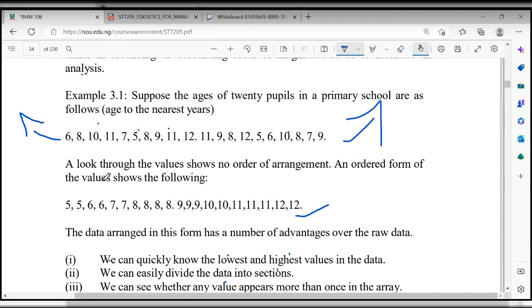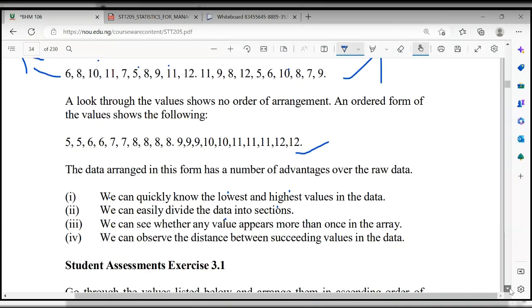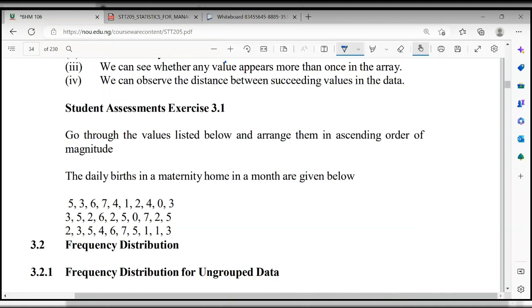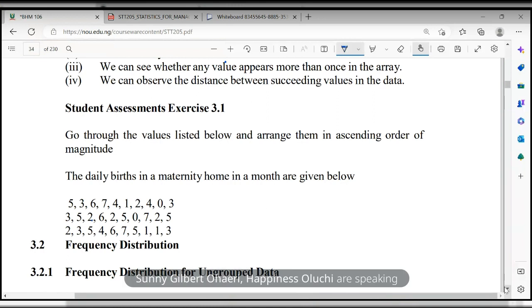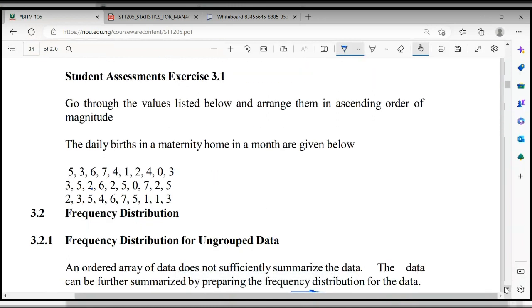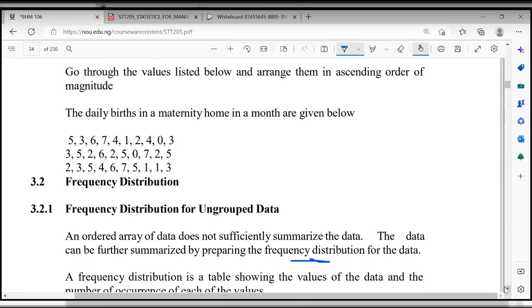But if it was to be grouped, that's what we're going to do. You match them together so that we have more than one value standing within each group.